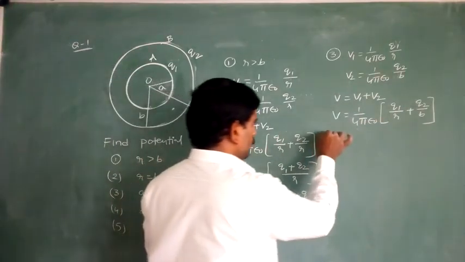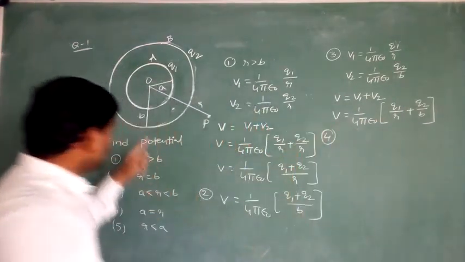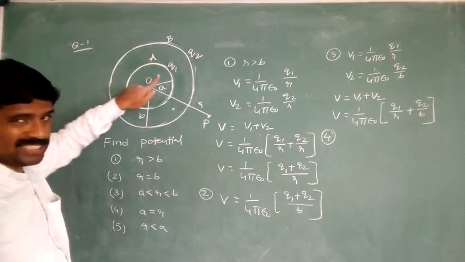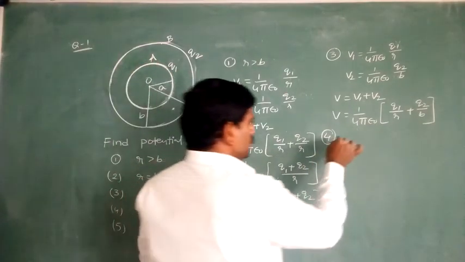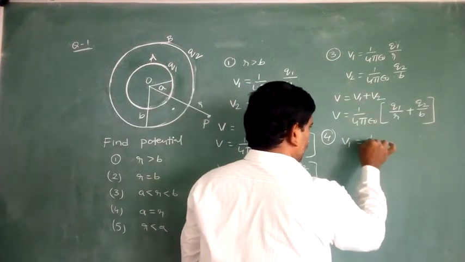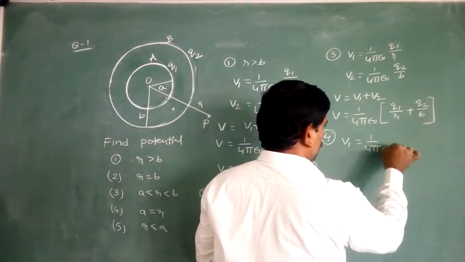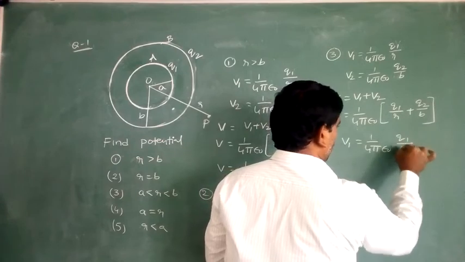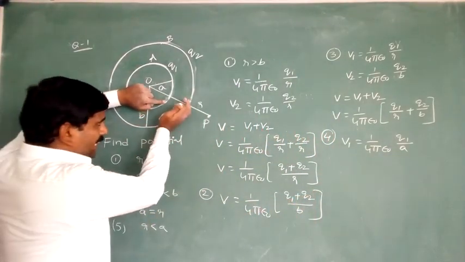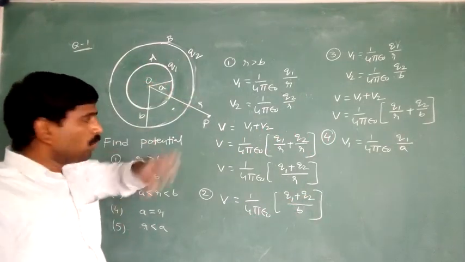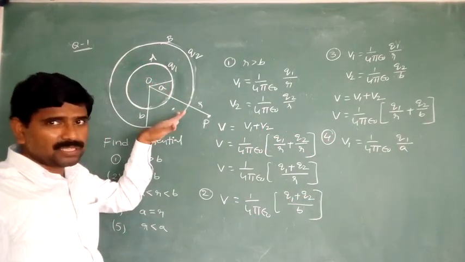Next one, fourth one. Here, on the surface of the first shell, what is the potential? Due to the first shell, that is 1 by 4 pi epsilon naught into Q1 by A. So this point on the surface means for the second shell, that is the inner point. What is the potential on the surface of the second shell?